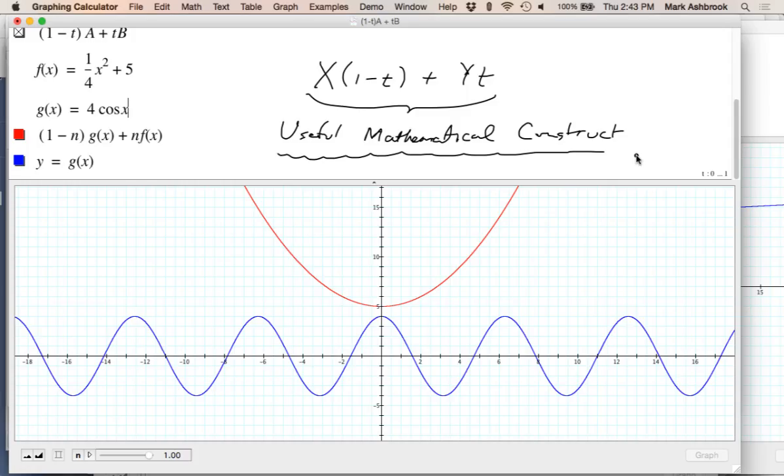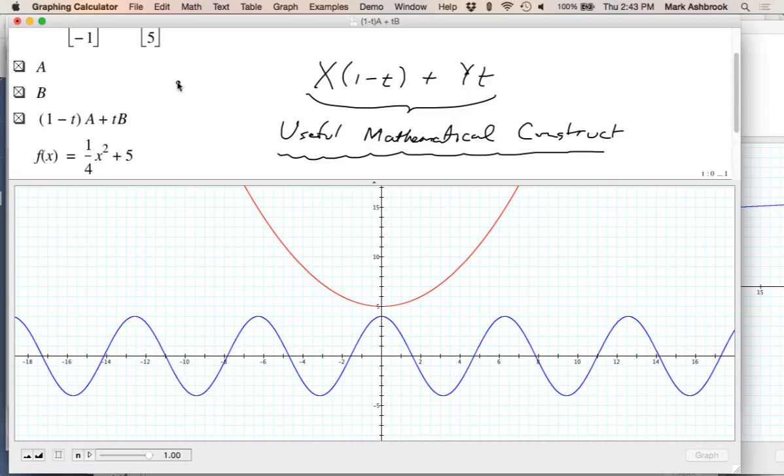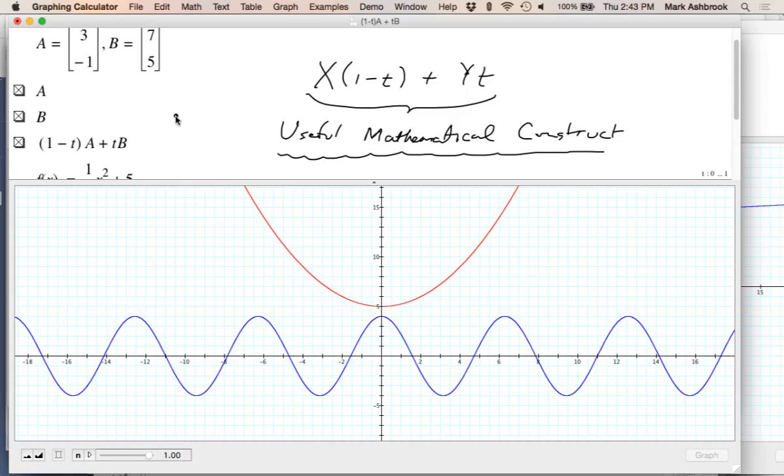So a little easy project for you. How could I show a point moving from A to B? Just use n, right?